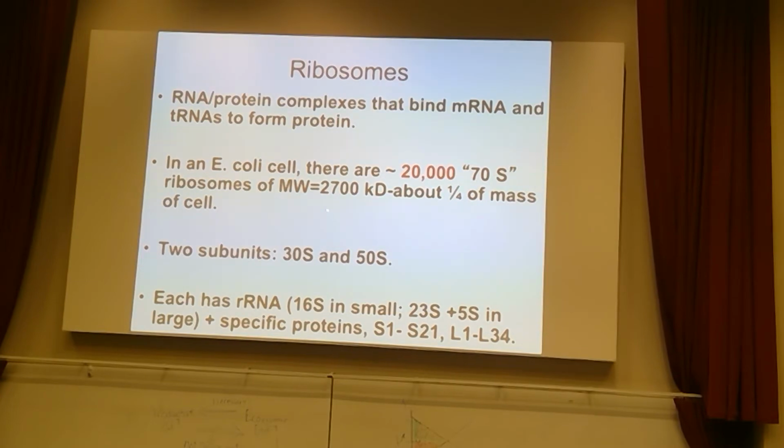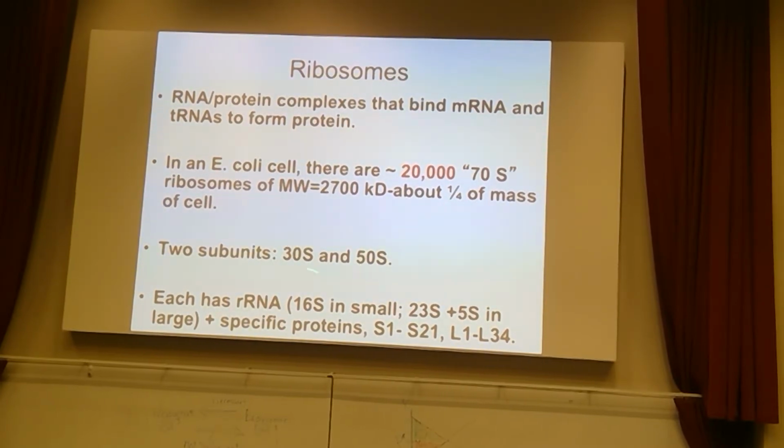Each one of them is 2,700 kilodaltons, so we're talking almost 3 million molecular weight, and it's about a quarter of the mass of the cell. Very early on, even crude electron microscopy was able to show that the ribosome is composed of two subunits.